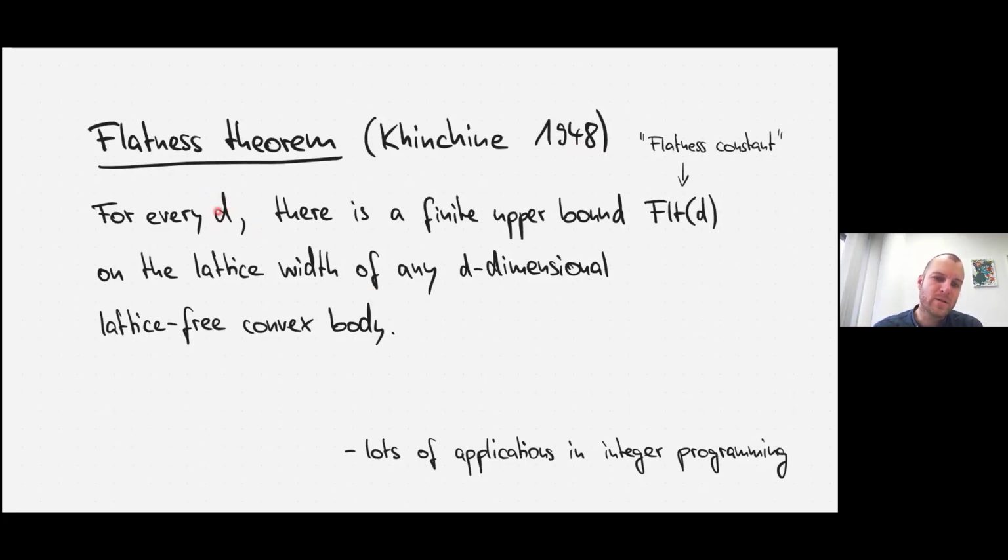For every dimension d, there is a finite number, Flt(d), which we usually call the flatness constant. The flatness constant is the smallest number such that whenever you have a d-dimensional lattice-free convex body, its lattice width will be at most that number. So the maximum lattice width is finite for fixed dimension.